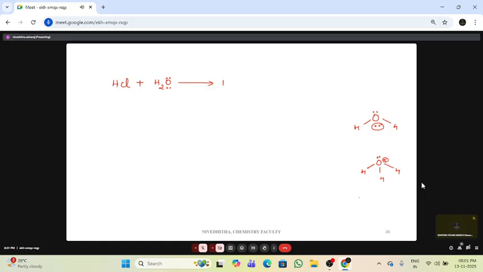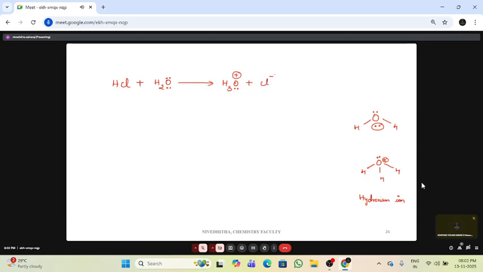So this is called the hydronium ion. So the water molecule will accept an H plus from HCl and get converted into H3O plus. And what is the remaining species? What is left out now? Cl minus. Very good, Cl minus.